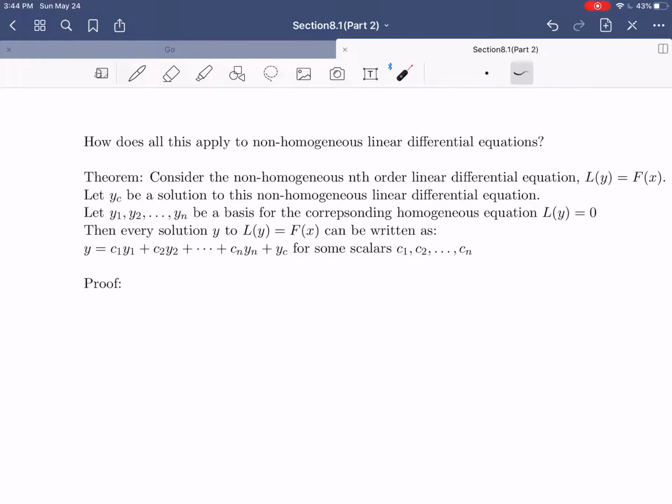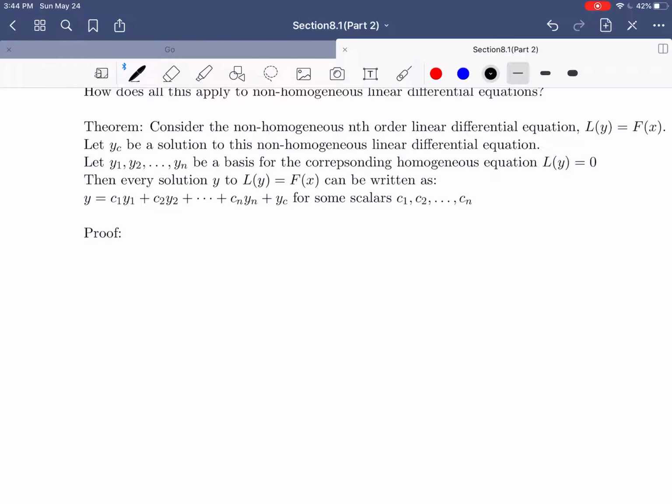So in other words, what this is basically telling you is that for a non-homogeneous linear differential equation, what you do to generate all the solutions is take some linear combination of the homogeneous solutions plus a single solution to the non-homogeneous. So let's go ahead and prove this.